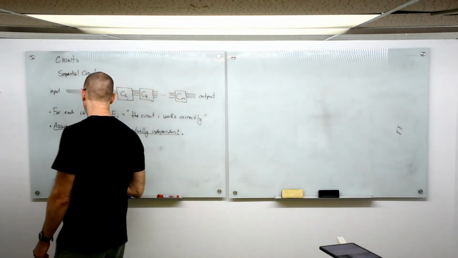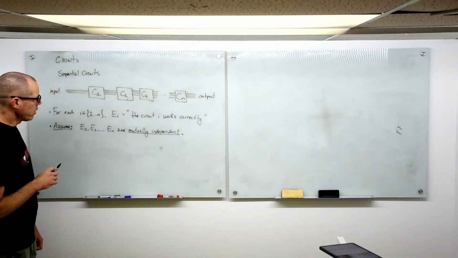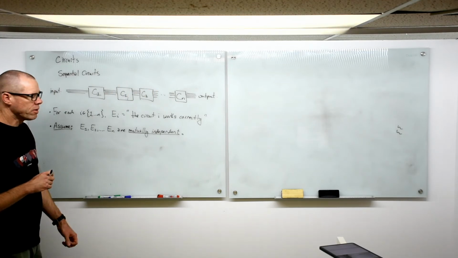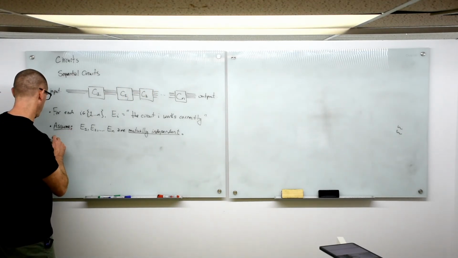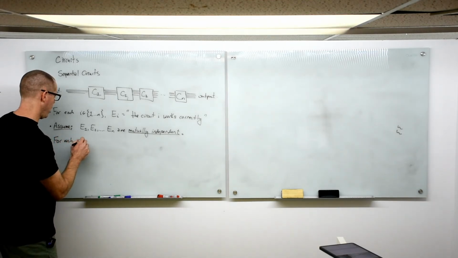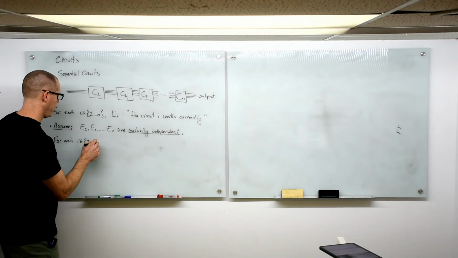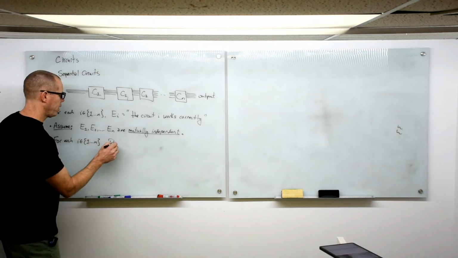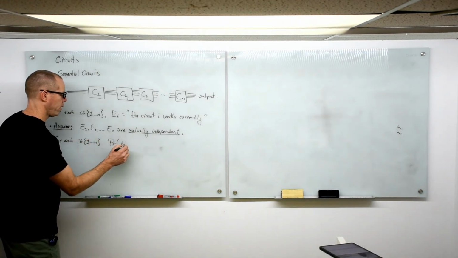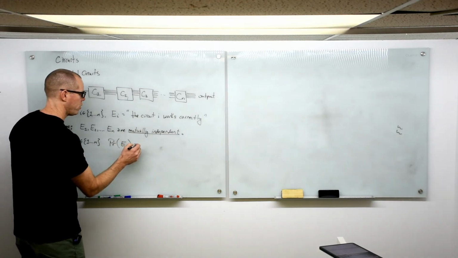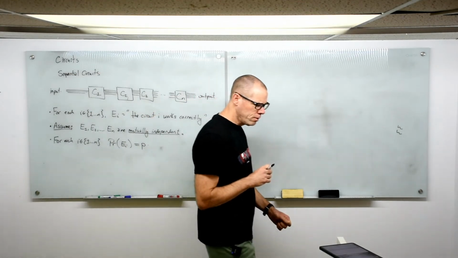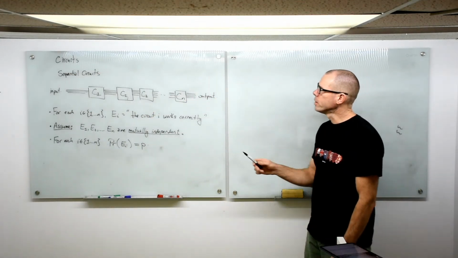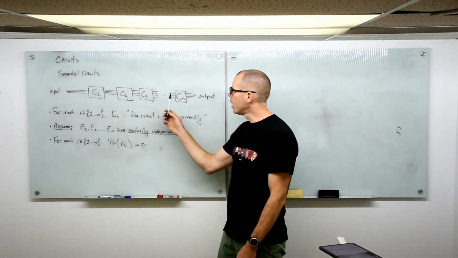And well, for that, to make our lives easy and so that we have something to compare against later, let's just say for each i in 1 through n, the probability that circuit i works is just some number p. So actually maybe all these circuits are identical. That happens sometimes.